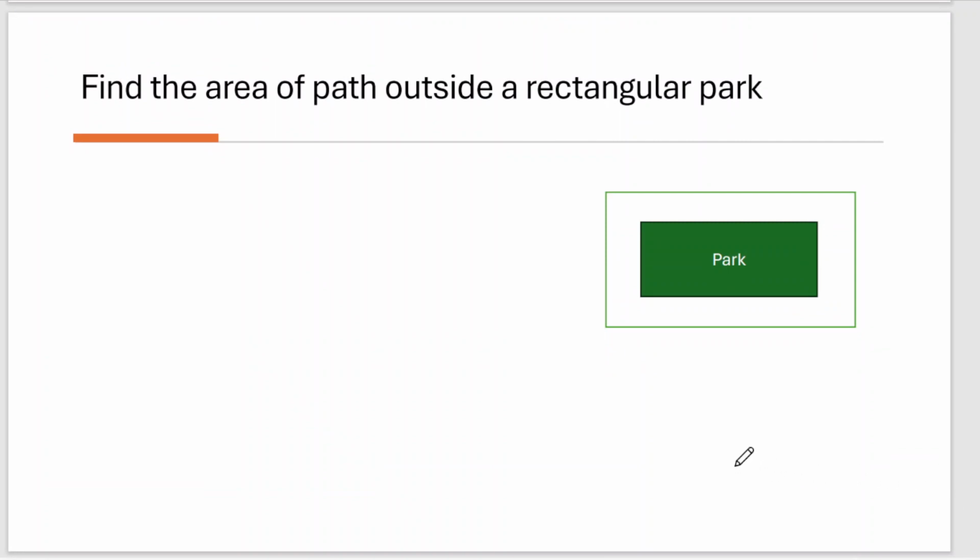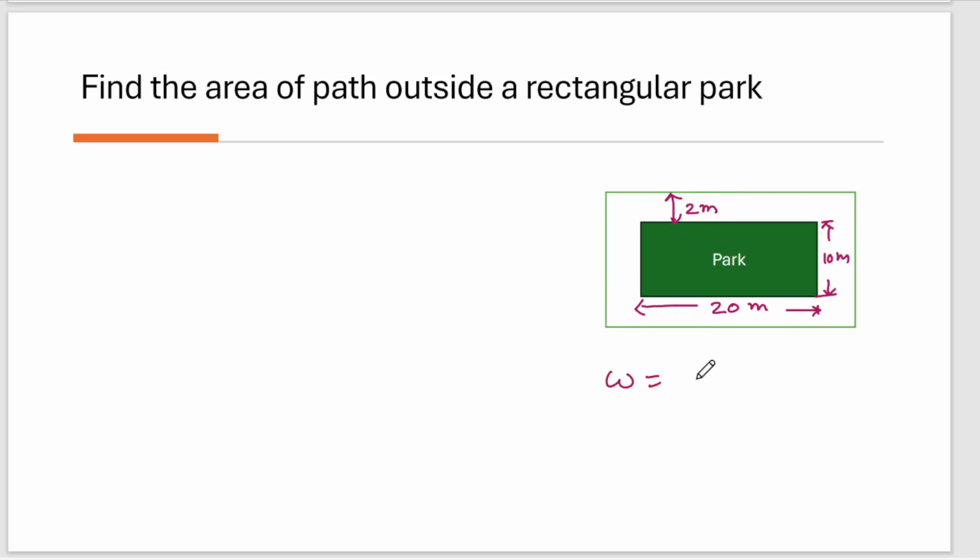So suppose somebody has asked me to find the area of the path outside this rectangular park, and I am giving you the length of the park as 20 meter, the breadth as 10 meter, and the width of the path as 2 meter. So what is the area of the path?